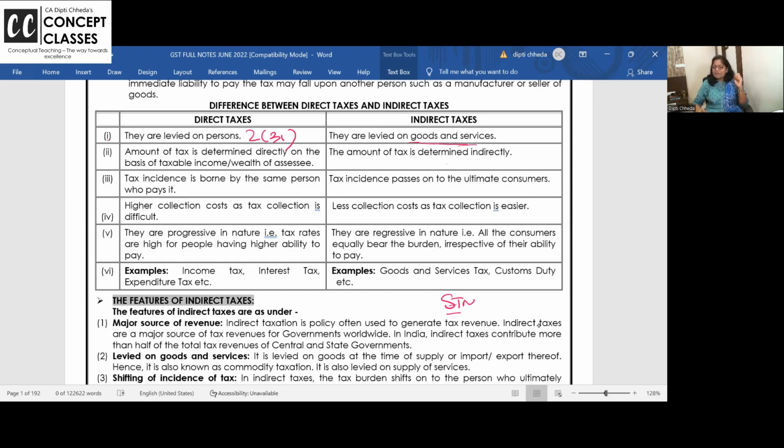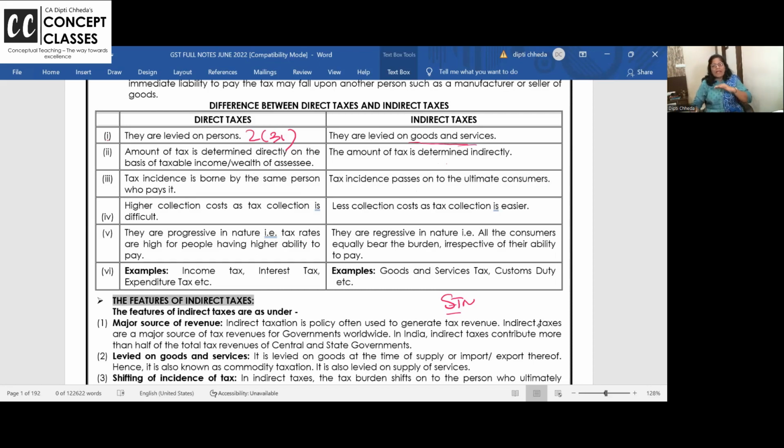Are you getting? So GST is charged 5% on say suppose milk or some essential commodity. Now whether that salt packet is purchased by a business tycoon or by a roadside vendor, it is charged same. So indirect tax is regressive in nature.